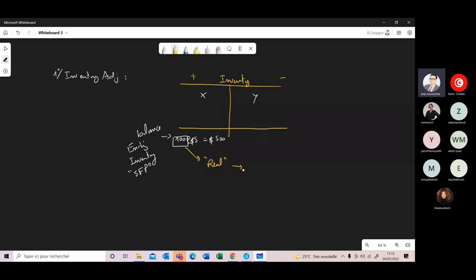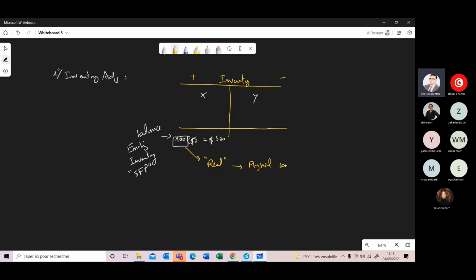So the activity that we do by the end of the period is part of the adjustments, and the adjustment is a must that we do prior to preparing financial statements. We call this activity the physical count.